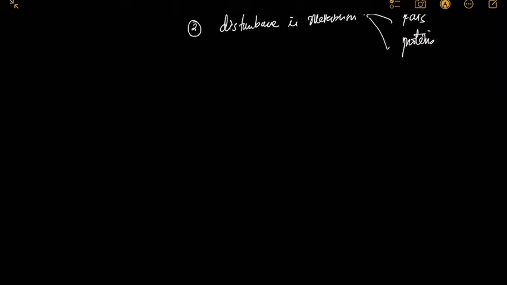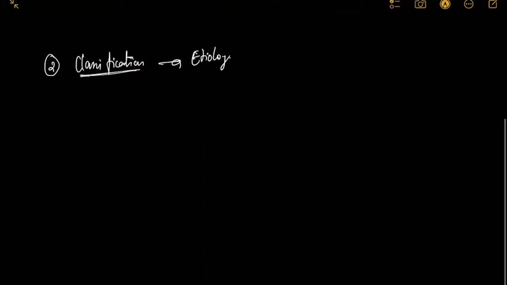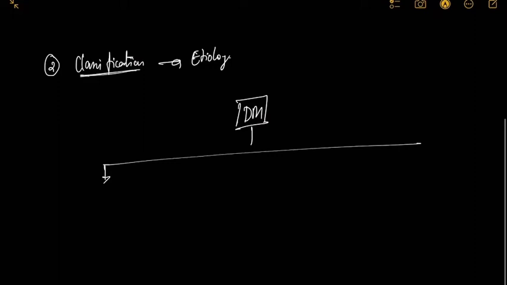Now let's come to the classification of diabetes mellitus. Diabetes mellitus is classified based on its etiology. Based on its etiology, diabetes mellitus is classified into two types. There's type 1 and then there's type 2.